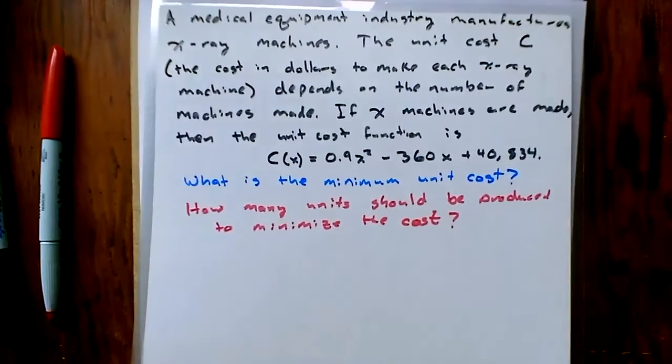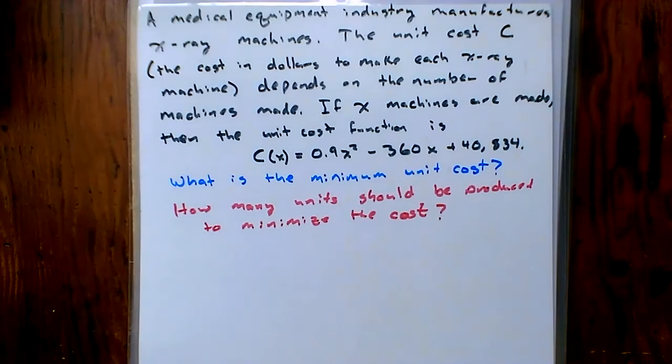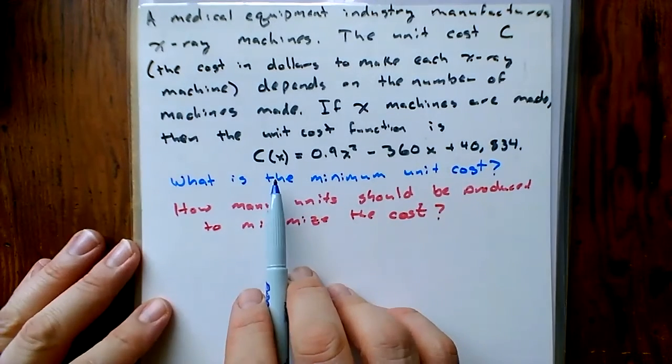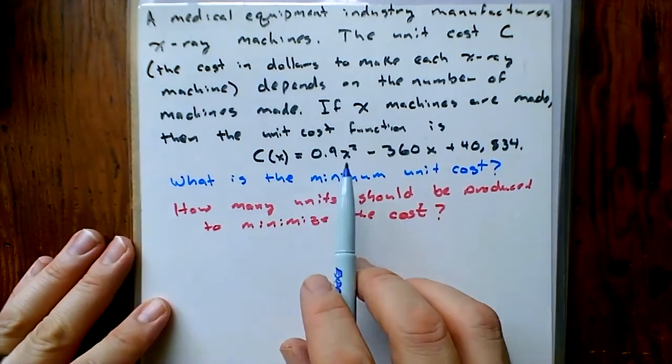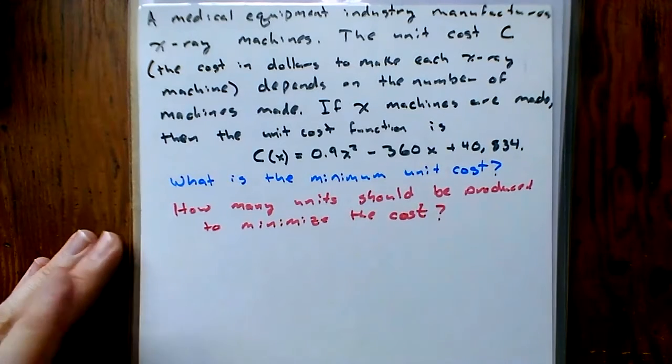Let's do another one. Here I've got medical equipment industry manufacturers, X-ray machines. The unit cost depends on the number of machines made. If x machines are made, then the unit cost function, so the cost per unit, is 0.9x squared minus 360x plus 40,834.